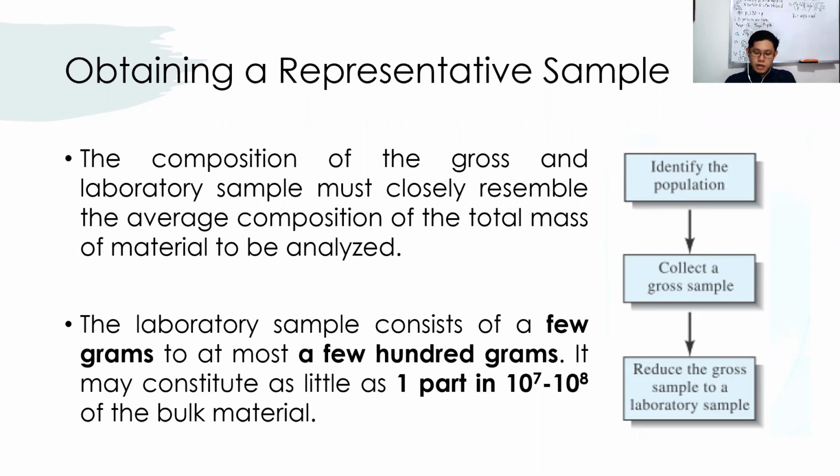Kasi yun nga kapag halimbawa meron kang eggplant or another vegetable and then dinry mo siya, hinomogenize mo siya, it's possible na yung analyte mo ay magbabago din ng concentration. So, baka hindi na niya i-resemble yung average composition ng iyong buong system. So, dapat mo i-consider yun.